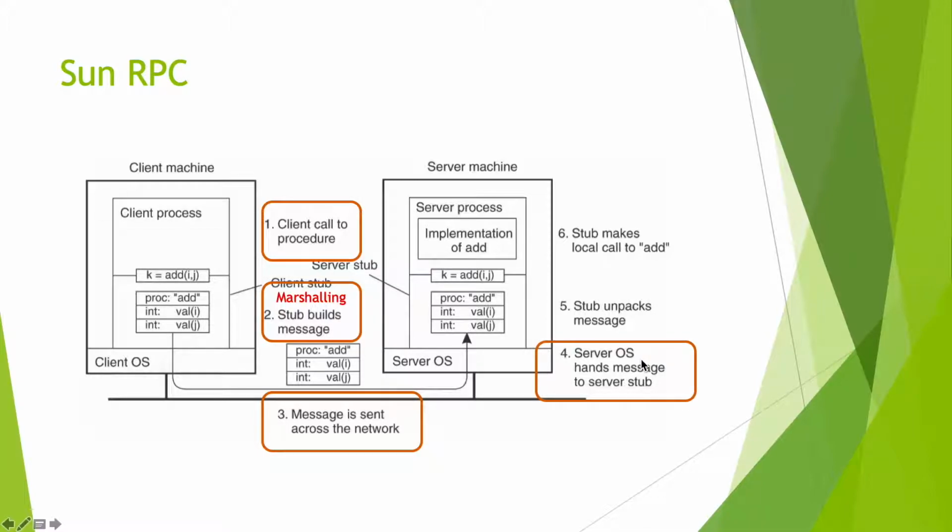Once the server-side operating system receives this message, it hands it over to the server stub, which does the unmarshalling, unpacking the message back to what it was at the client side, giving the name of the procedure and the parameters, so that it knows which function to call at the server side.